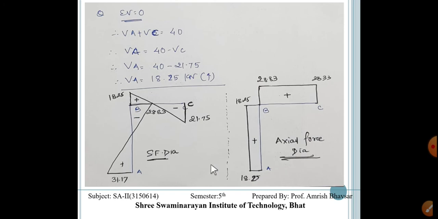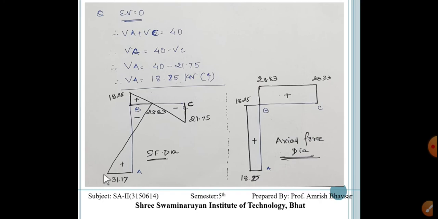For the shear force diagram, we are going to take the shear force of the member. And what is the meaning of shear force? Whenever our column is vertical, then horizontal force is shear force, and if the member is horizontal, then vertical force is shear force. So here we are taking the horizontal force as HA, means HA is towards the left, then 31.17 is towards the left.